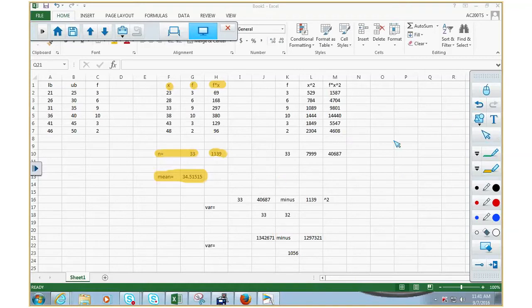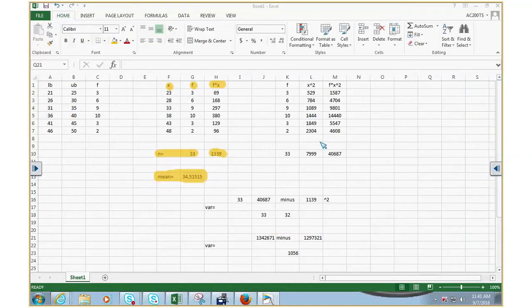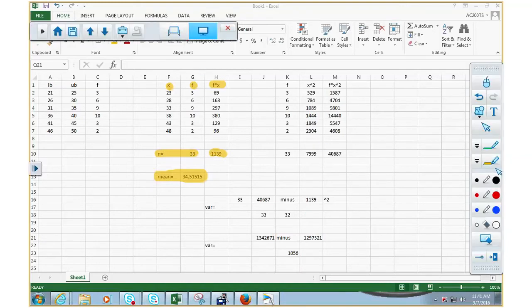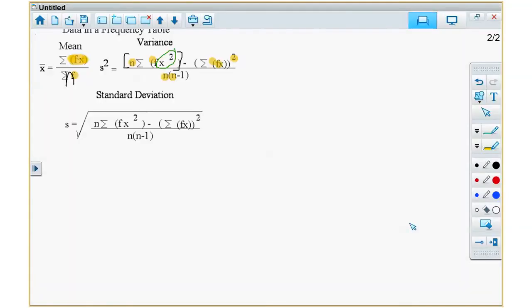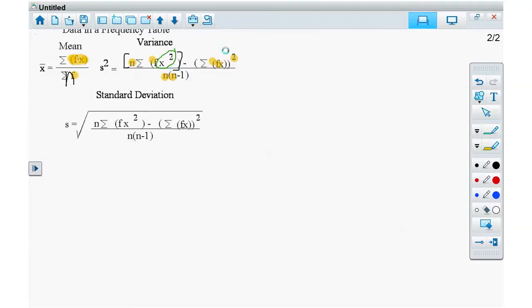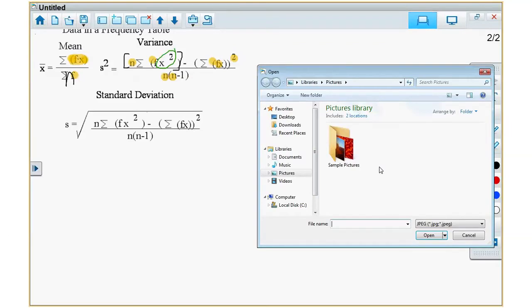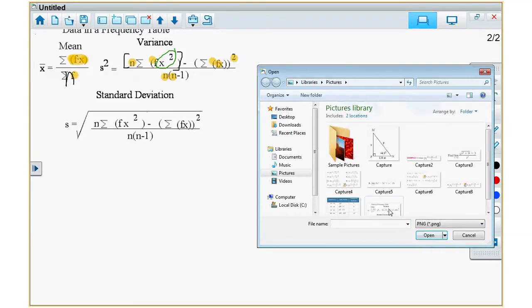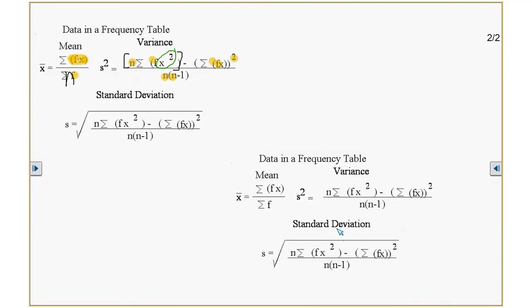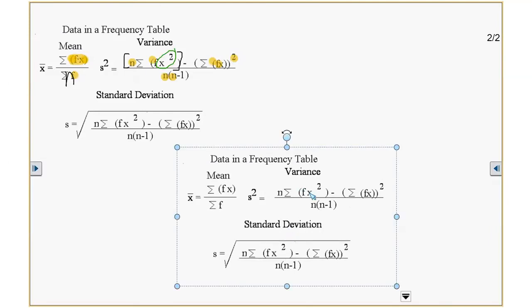I'll show you the formula one more time. There's the formula right here. Let me bring it in one more time. There you go. Plug it into this formula.